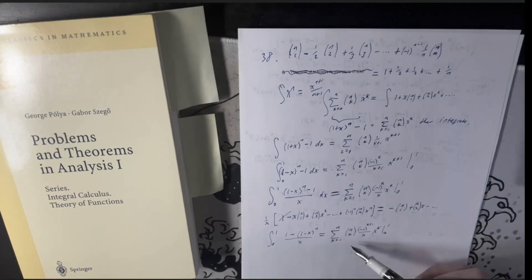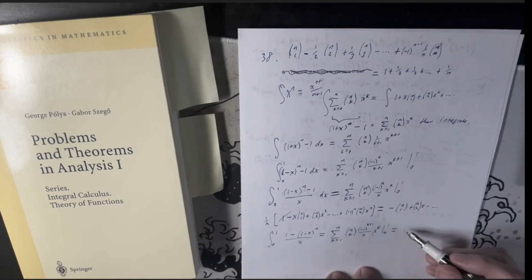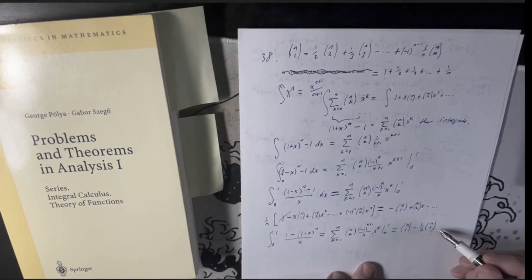When I plug in 1, you get the first term, which is positive, n choose 1. Like I'm saying, this gives you n choose 1 minus half n choose 2 plus a third n choose 3, da da da da da.